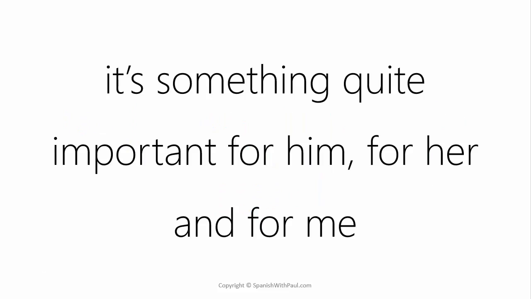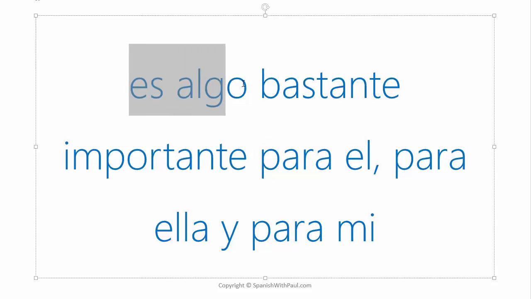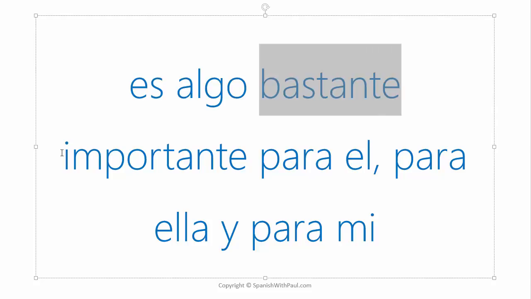So it is something, es algo, very important, muy importante, for him, para él. How would you say it's something quite important for him, for her, and for me? Es algo bastante importante para él, para ella, y para mí. Let's break it down. It's something, es algo, quite important, bastante importante.